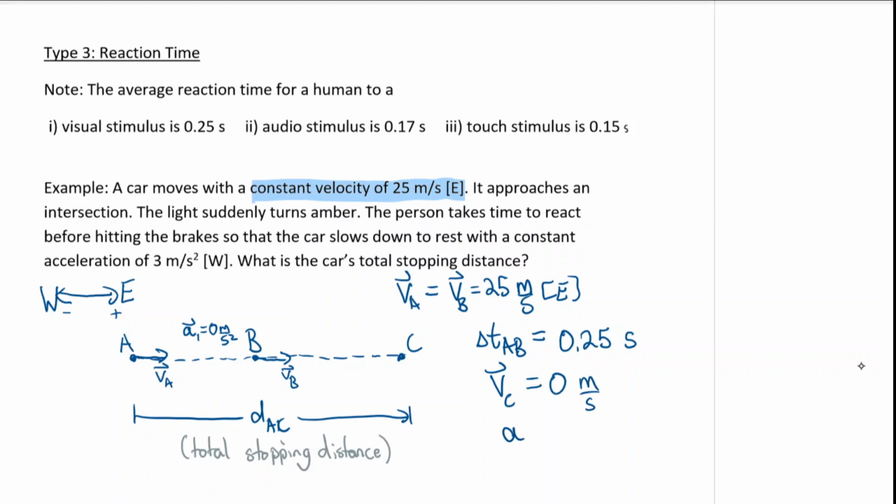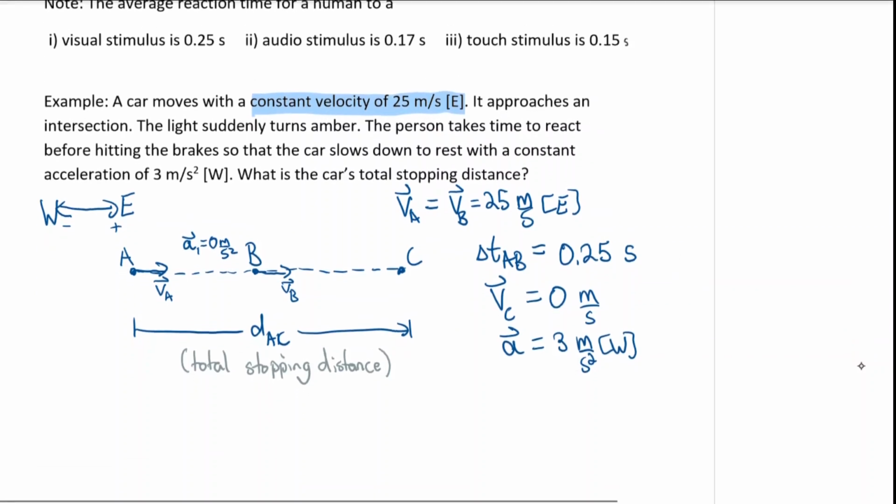My acceleration during this interval is 3 meters per second squared west. The first thing we should do is make sure all of our variables are going in the same direction. So this is my acceleration 2, and because it's going in the west direction, I need to express it as negative 3 meters per second squared. So when I put these values into my formula, everything is related to east: positive values are east and negative values are west.